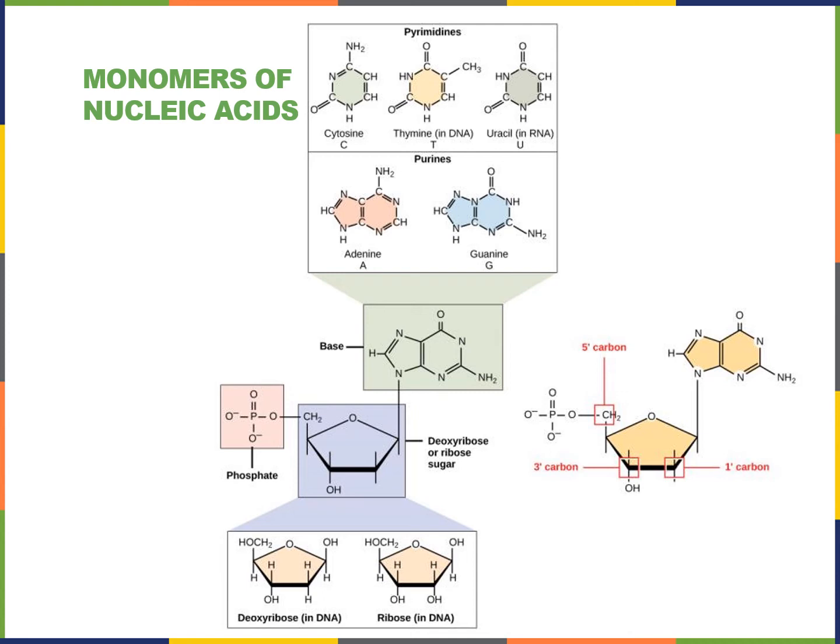The sugar, the pentose, hydrogen, hydroxyl, deoxy or ribose, the phosphate group, and then here are our pentoses. So how does this work?